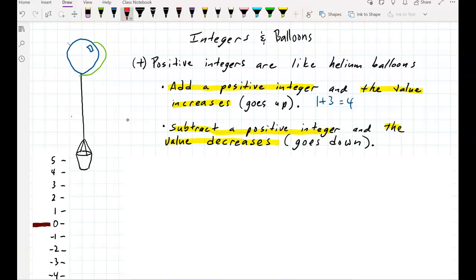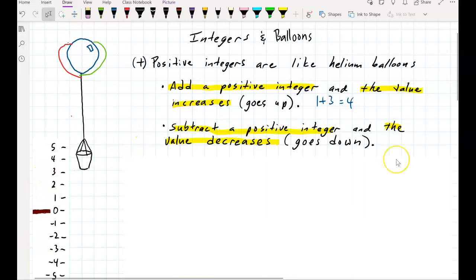Whoops, I accidentally subtracted 2. There we go. And what happens? You can see that by subtracting one of the helium balloons, the whole thing went down from 4 to 3. That makes sense, because 4 minus 1 balloon equals 3.